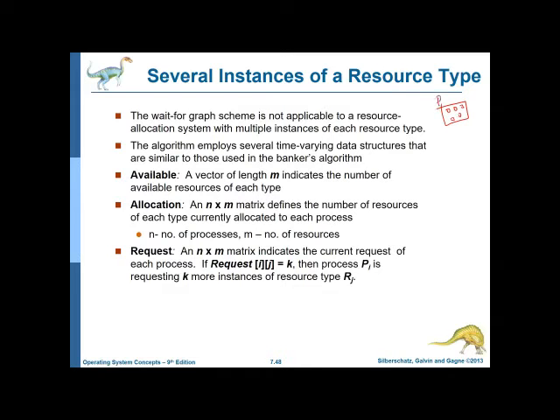Say this is a printer, and you have 5 instances of this printer, and so on. So you have to look at a particular resource type and its number of instances. So the wait-for graph will not work for such a scheme. The wait-for graph scheme is not applicable to a resource allocation system with multiple instances of each resource type.